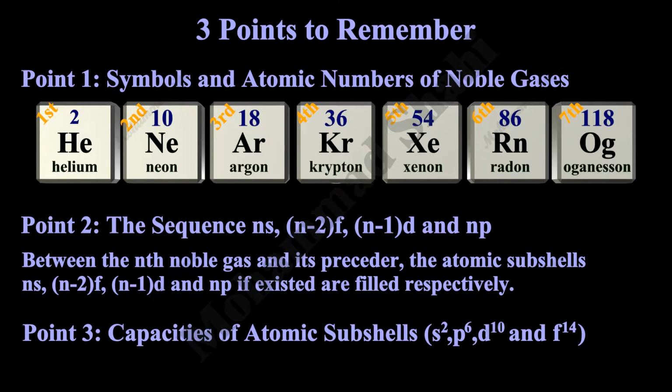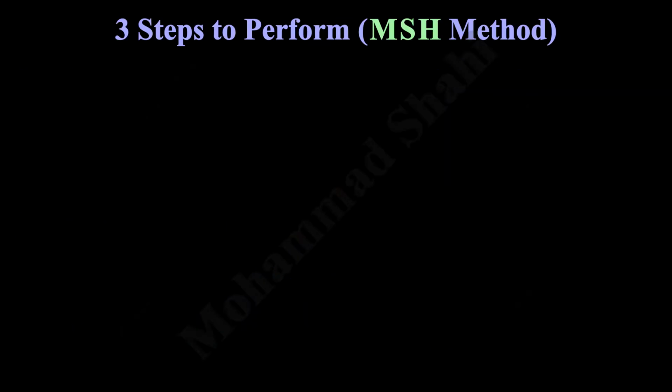And the third one is capacities of subshells, which are 2 for s, 6 for p, 10 for d, and 14 for f. By using mentioned points, we can perform 3 steps to obtain electronic configuration of any element that obeys the Madelung rule.